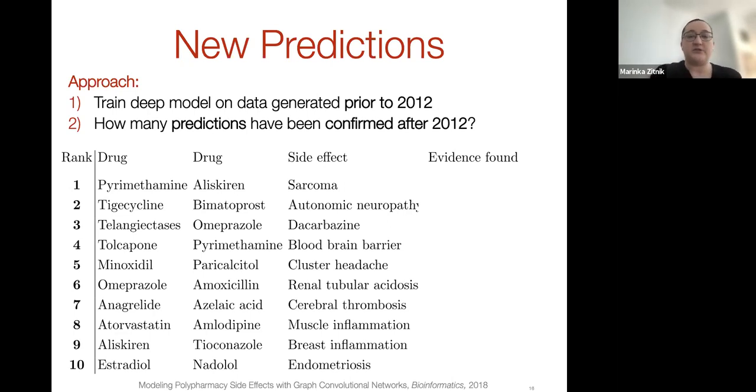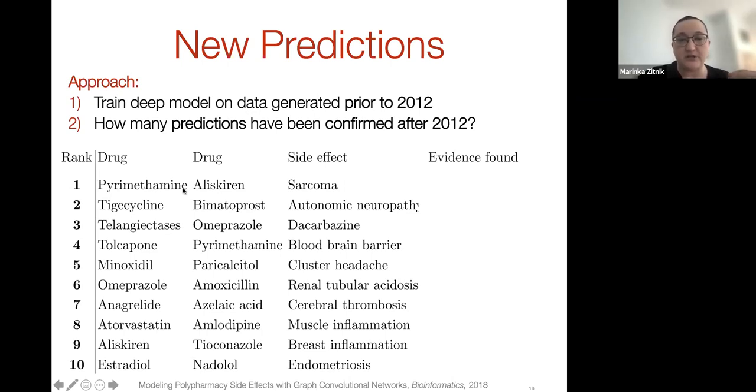And then we asked the model to make predictions. We examined top predictions made by the model and asked how many of those predictions have been confirmed in the literature after 2012. So the top 10 predictions that the model made are shown here in this table.